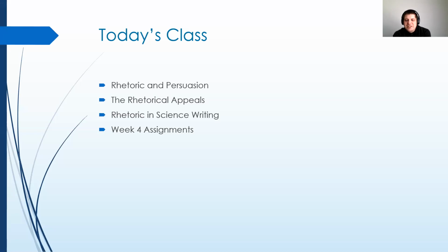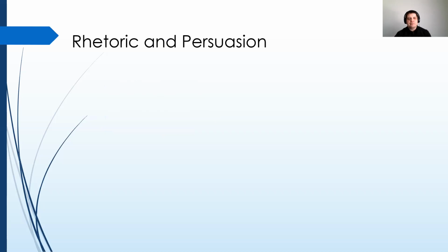Even if you find that your argument or your author mostly focuses on one particular appeal, it's useful to think about how they might work together. So I'm going to be alluding to that as we go. And I want to finish up today by showing you how this works in a particular example of science writing. And we'll come back to some of those questions as well in our discussion of Goldacre.